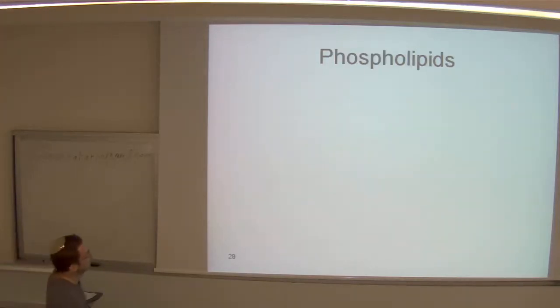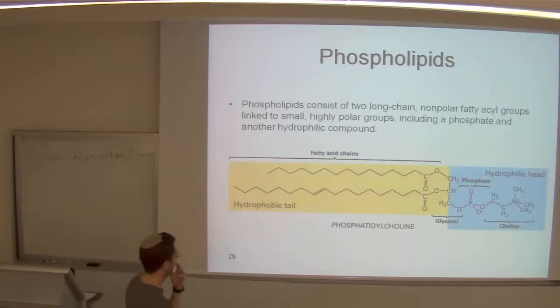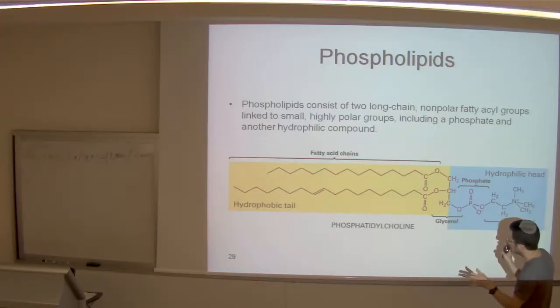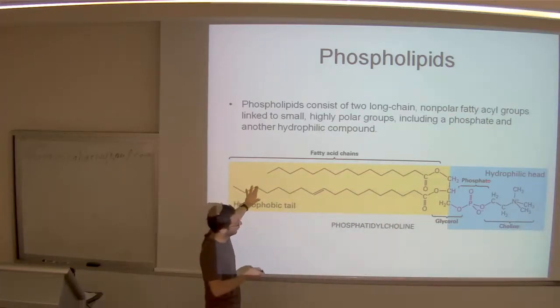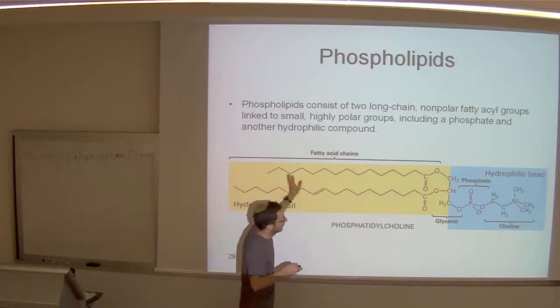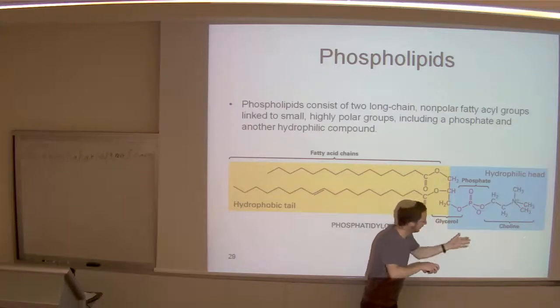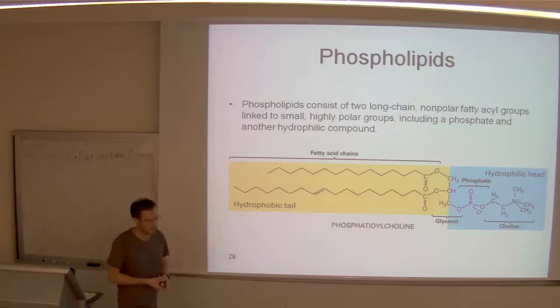Okay, phospholipids. So, let's start like this. We already know what fatty chains are. Take two fatty acid chains, stick them together via some esterification reaction right here, and then put a charged phosphate moiety and some other, usually polar moiety, in this case choline, and you will get a very important molecule, the phospholipid.